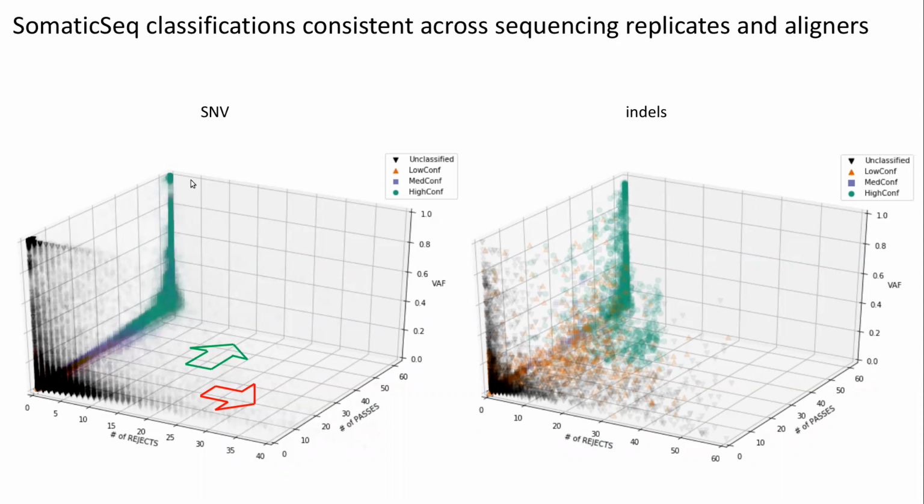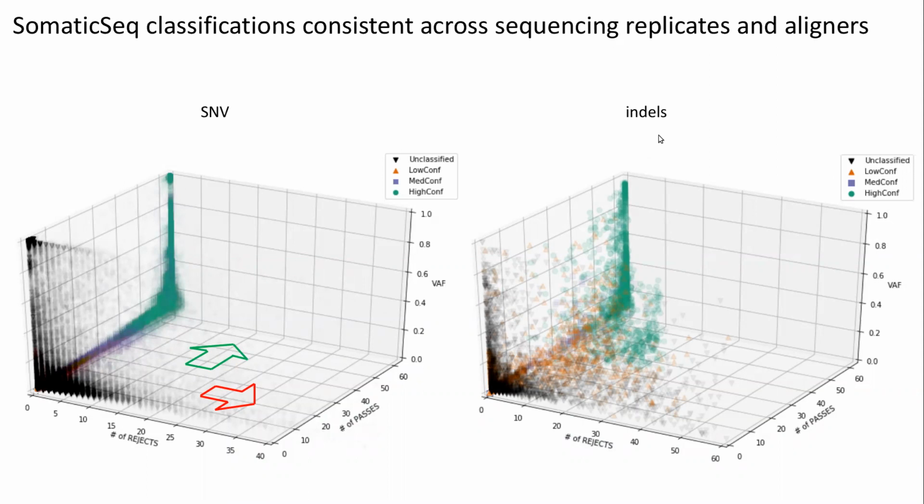The z-axis is the variant allele frequency, and you can see that for the unclassified variants, the VAF is pretty much across the board, from 0 all the way to 100%. So they're not rejected because there is not enough signal for them, but because there is bad mapping quality, bad alignment metrics, and things like that that have them labeled as false positives.